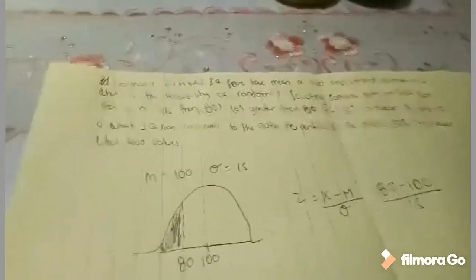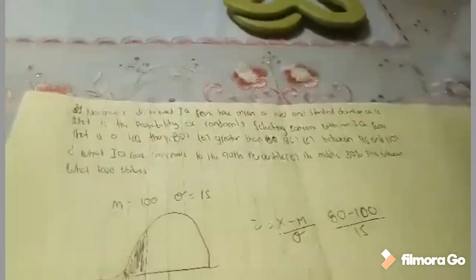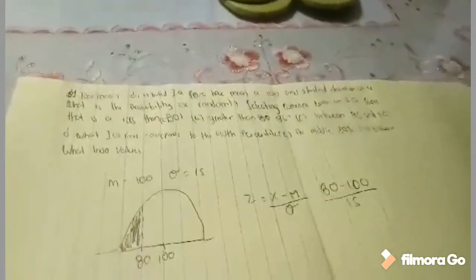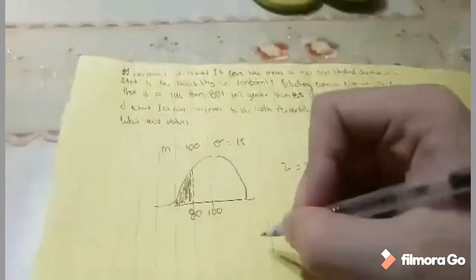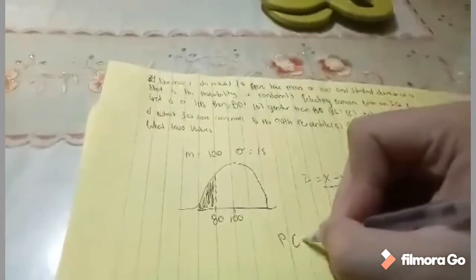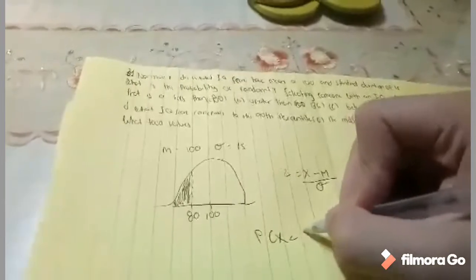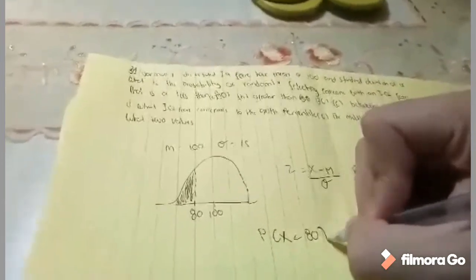We're going to find the probability that x is less than 80. So guys, we're going to use a calculator.